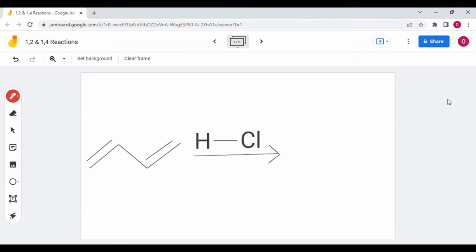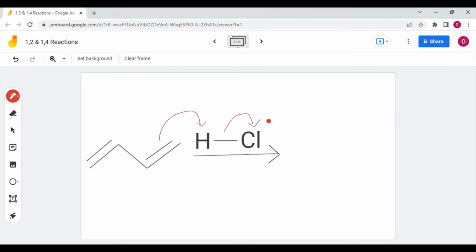So mechanistically, what happens is all based on the intermediate. Depending on what conditions were given, the intermediate is going to change. The first step for any of this reaction is to always do some kind of nucleophilic attack. So we have this double bond, and the first thing it's going to do is attack the hydrogen, like so, right?